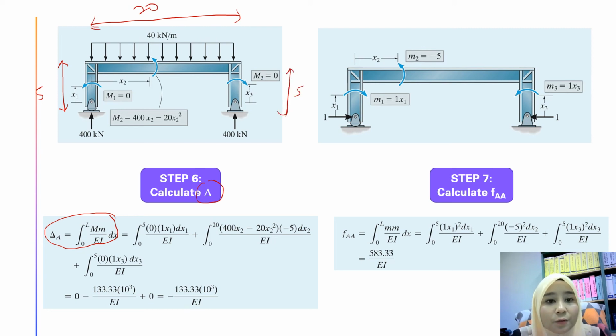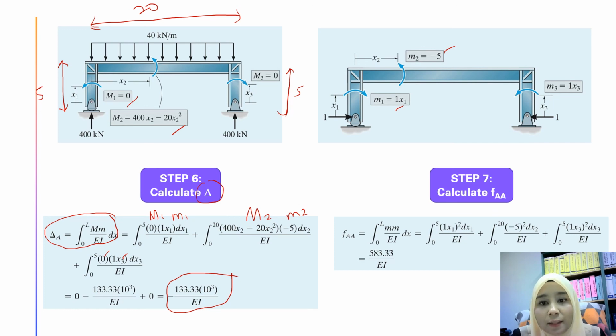So 0 to 5, this is capital M1, small m1. Capital M1 is 0, small m1 is 1. Capital M2 is this one, small m2 is negative 5. And also same for 3, m3. Okay, you solve and then this is your delta E.